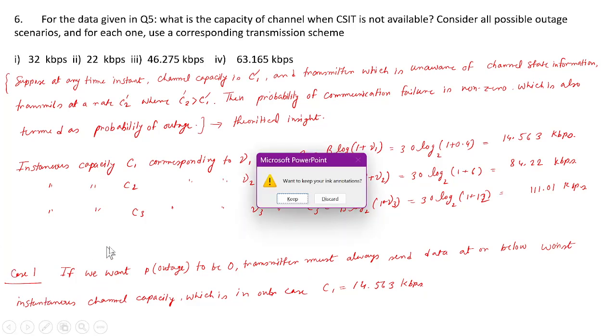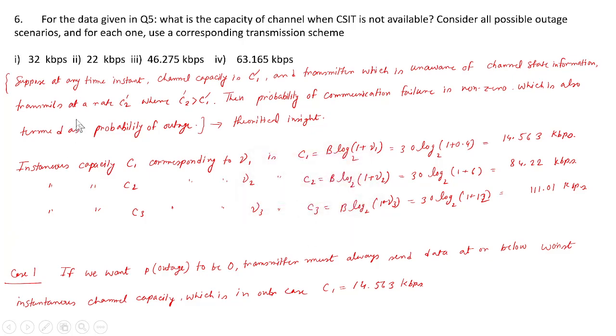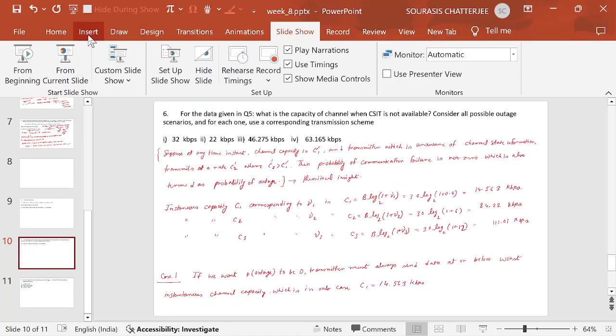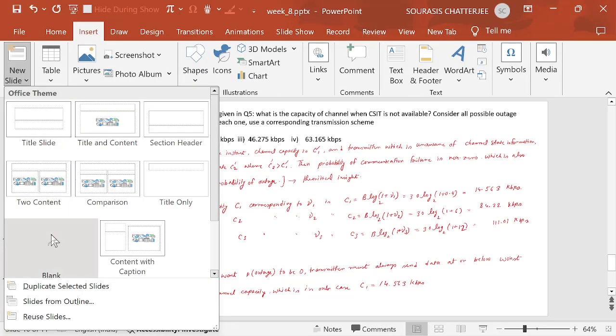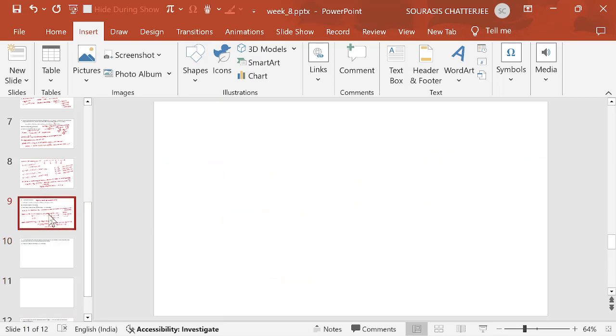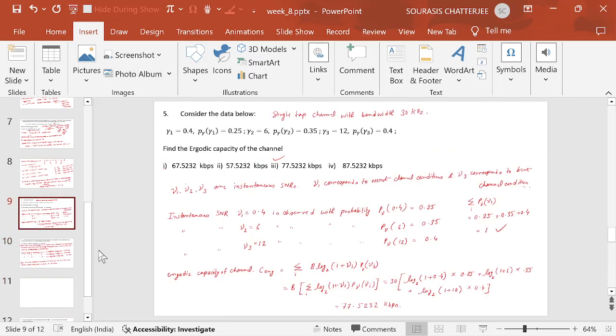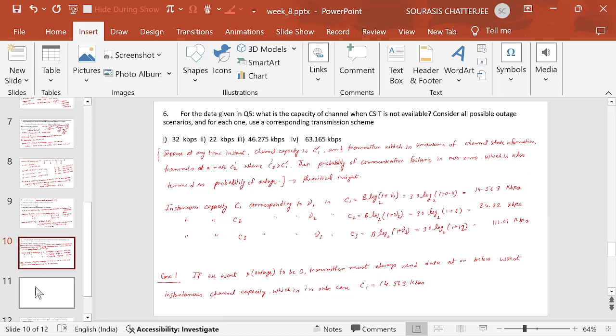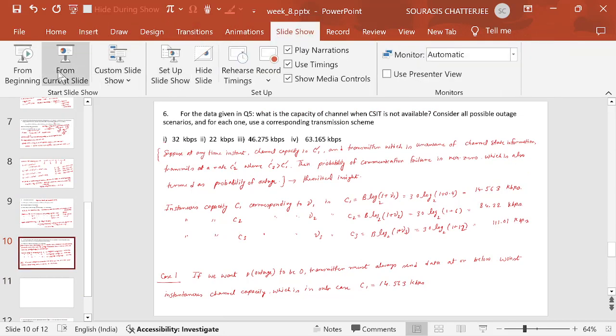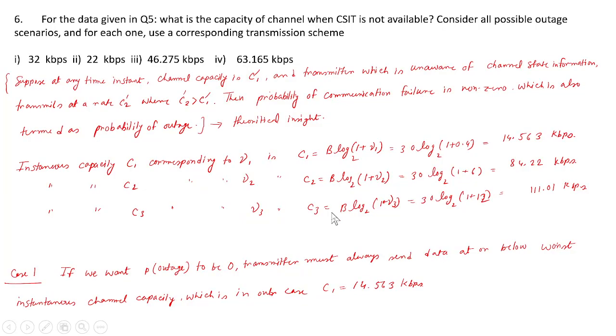Let me add a slide here. So what do we have as of now? To ensure the probability of outage to be 0, we must always transmit below or equal to this rate, this capacity.